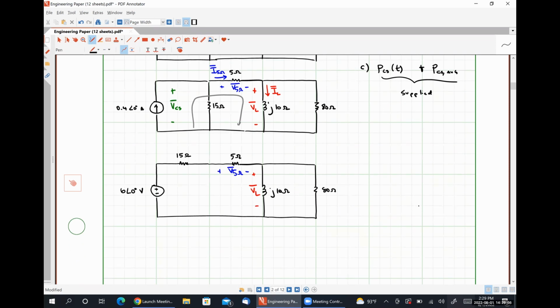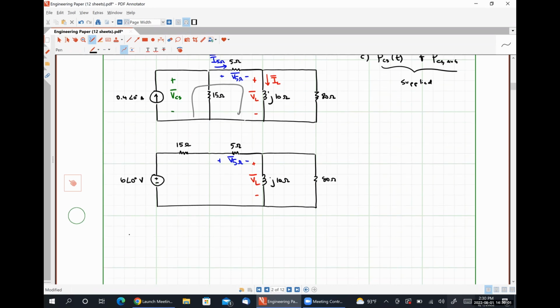All right, so I'm going to use voltage division to find both of these voltages. Okay. So I'm going to start with V5 ohms. That is going to be 6 angle 0 degrees volts multiplied by 5 ohms in my numerator, and then I'm going to have 15 ohms plus 5 ohms.